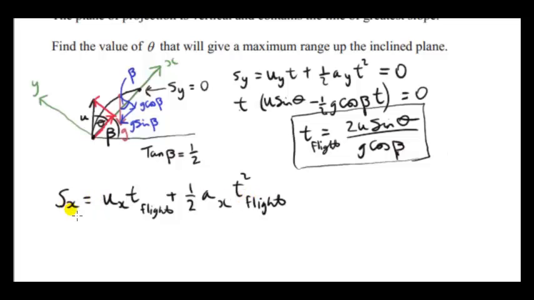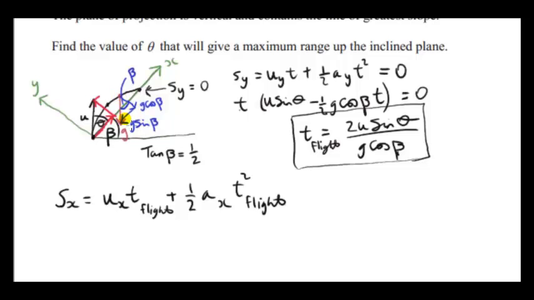Okay, so we want the range. Now we can get the range using this formula. We plug the time of flight into the displacement formula in the x direction. Again, we're dealing with just linear motion, just the x projection of the particle. If you imagine the particle projected perpendicular to the x-axis, and imagine how that projection moves, it depends on the initial velocity in the x direction, that's ux, and on the acceleration in the x direction.